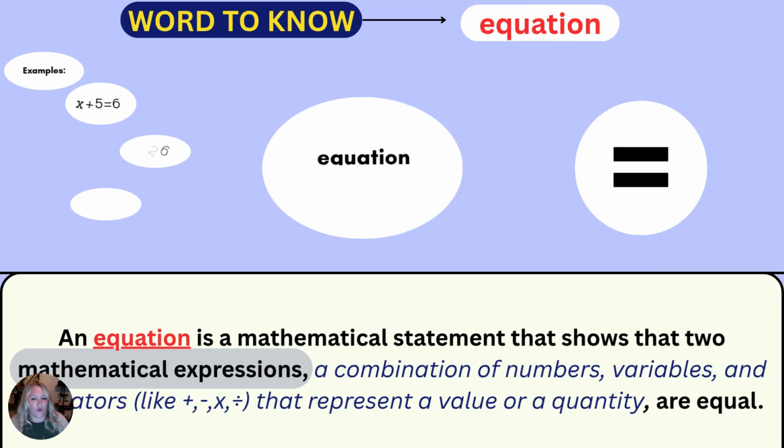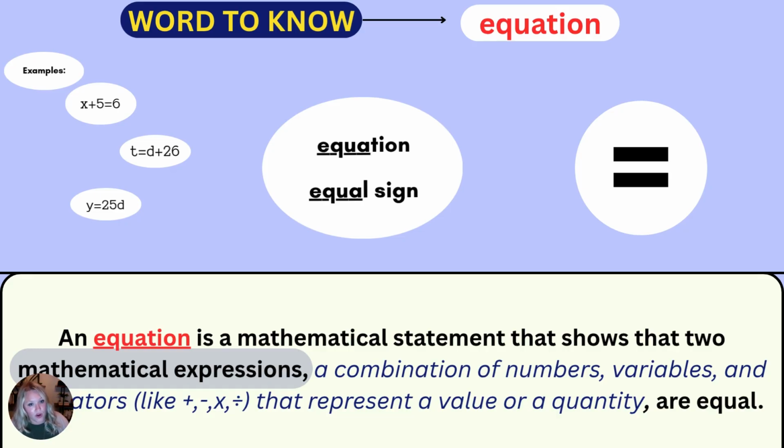The second word to know is equation, another review word. If we look in the middle there, we see EQUA in equation, and EQUA in equal sign. They both start with the same four letters. So equation has an equal sign. An equation is a mathematical statement that shows that two mathematical expressions are equal.